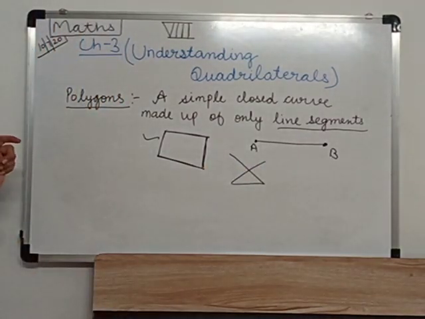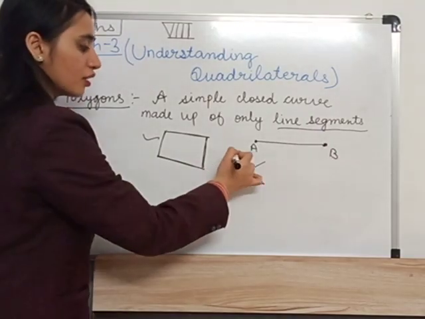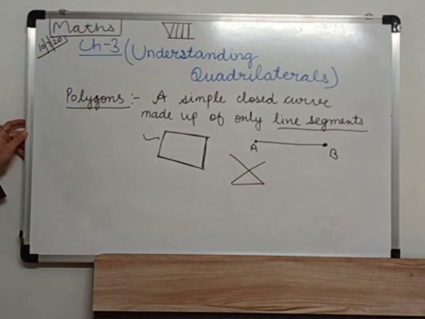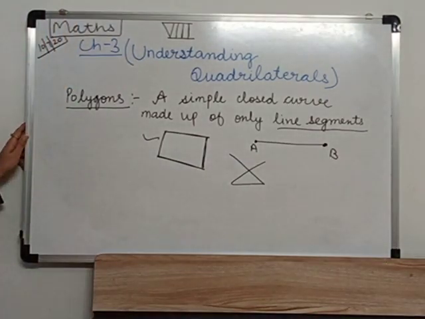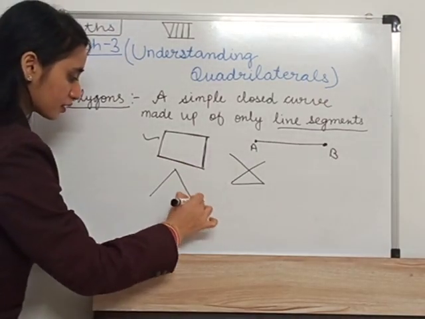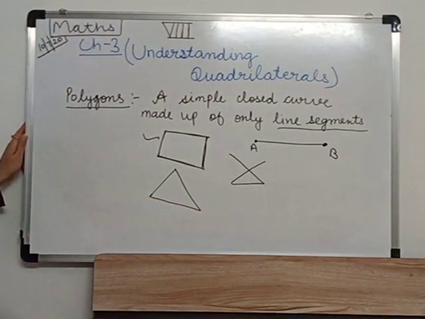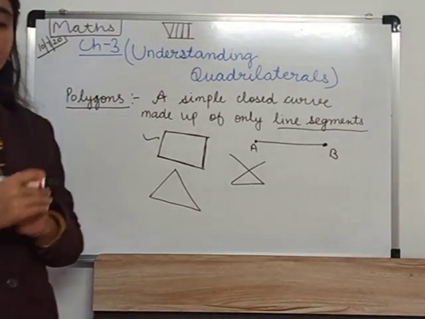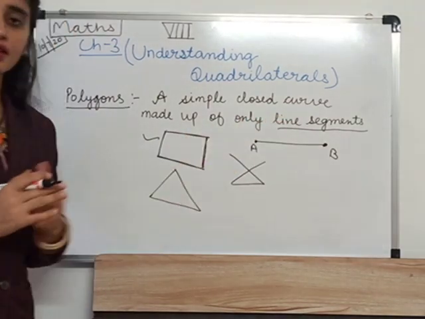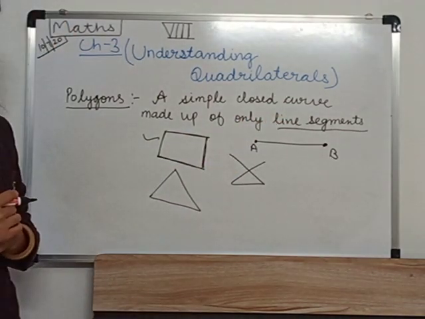Now see this figure. This is not a polygon because it is not a closed figure. These ends are open. Now this is a closed figure, this is a polygon. So a polygon is a simple closed curve which is made up of line segments. Understood?